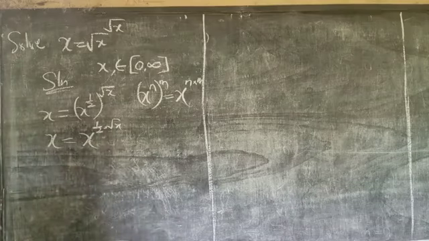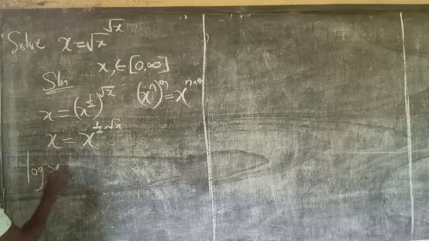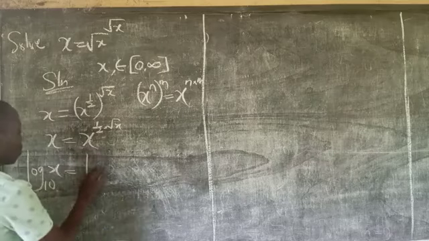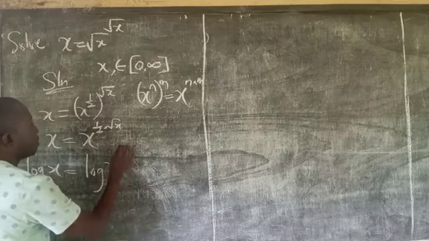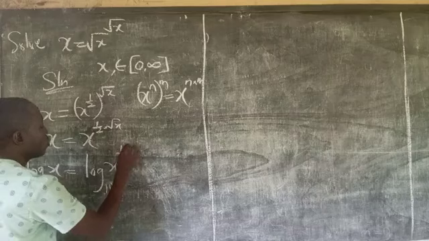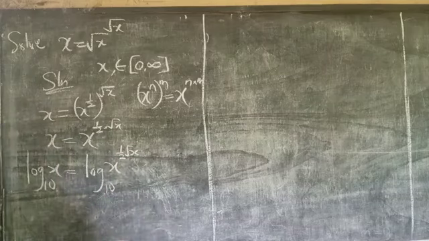So if this is possible, you see that we are getting the shape already. So we take the log of both sides by saying log base 10 of x equals log base 10 of x raised to power 1 over 2 root x. Yes.